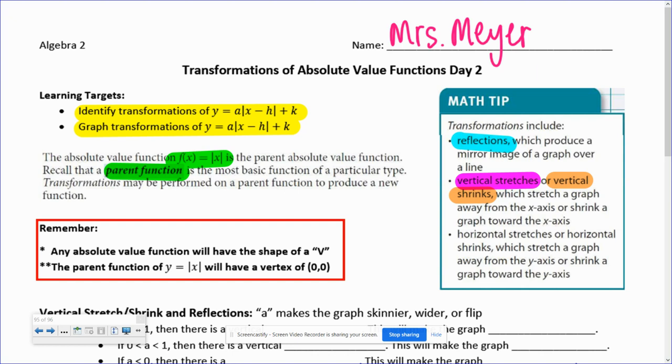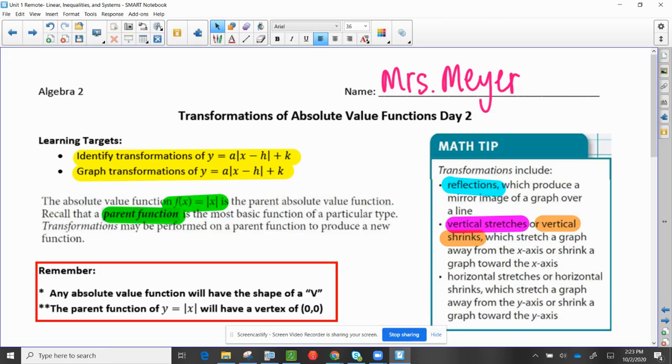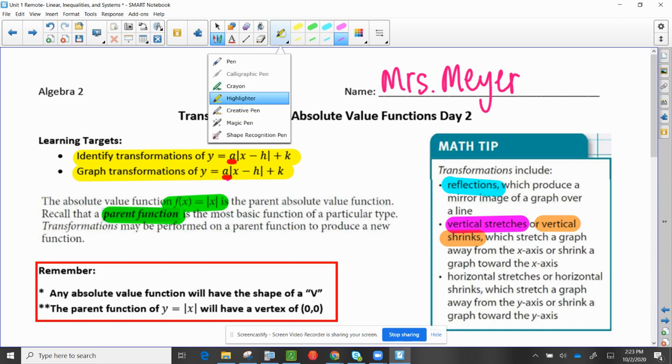So today, what we're going to be talking about is what happens when we start putting coefficients in front of our problems. So if we have a number in front of the absolute value, okay? So we're calling that our A term. All right. So what we're going to look at today is what happens and how we get a reflection on the graph. And that's when the graph is going to do a flip.